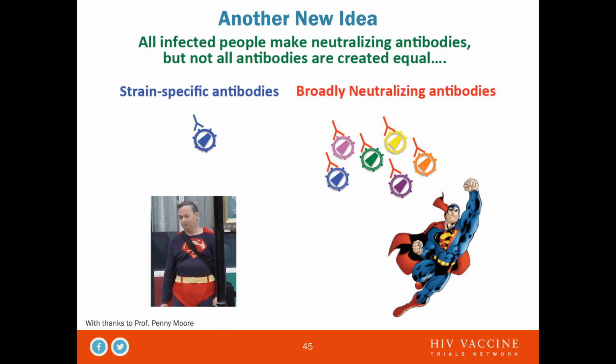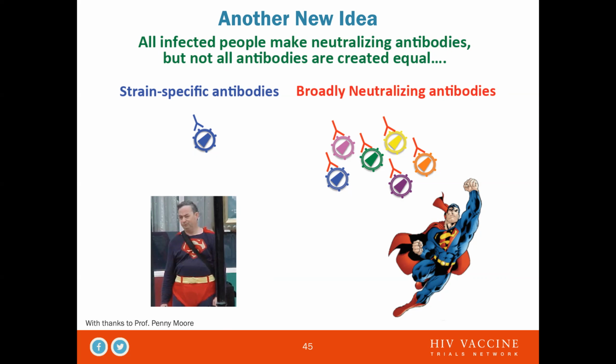The exciting ones, the ones we're really, really excited about that we're looking at now, are broadly neutralizing in that they're able to recognize and fight back against many strains of HIV and different viruses.